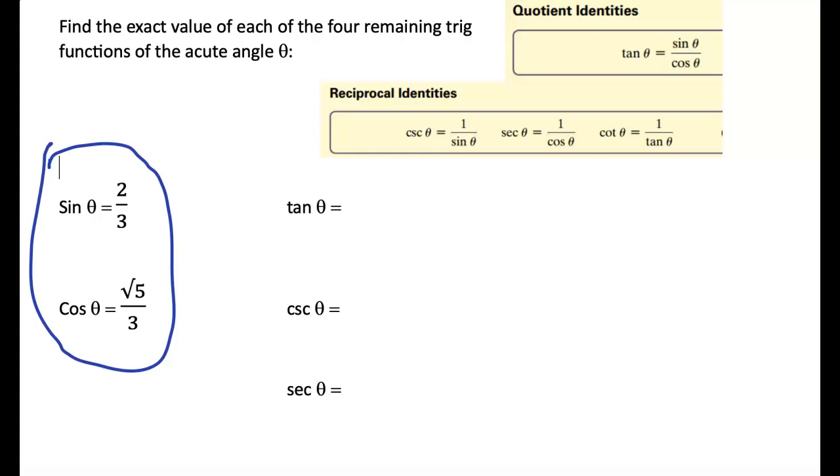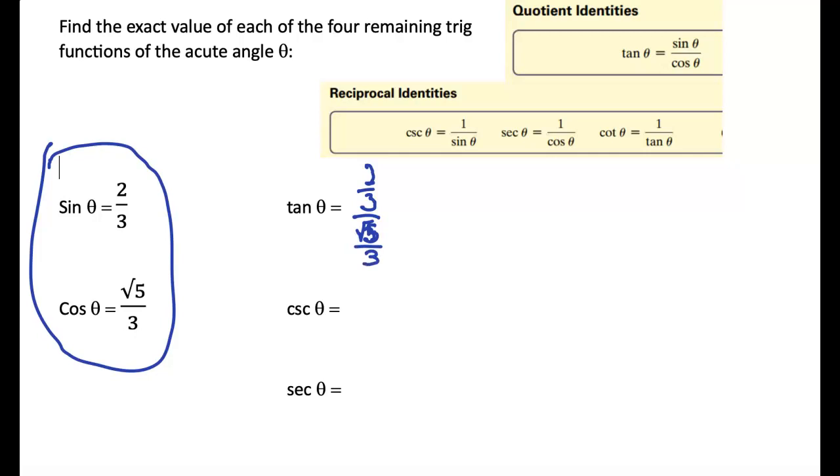To find the tangent using our quotient identity, we're going to take the sine and divide it by the cosine. So I'm just making a replacement here. It's going to be 2/3 divided by the square root of 5 over 3.